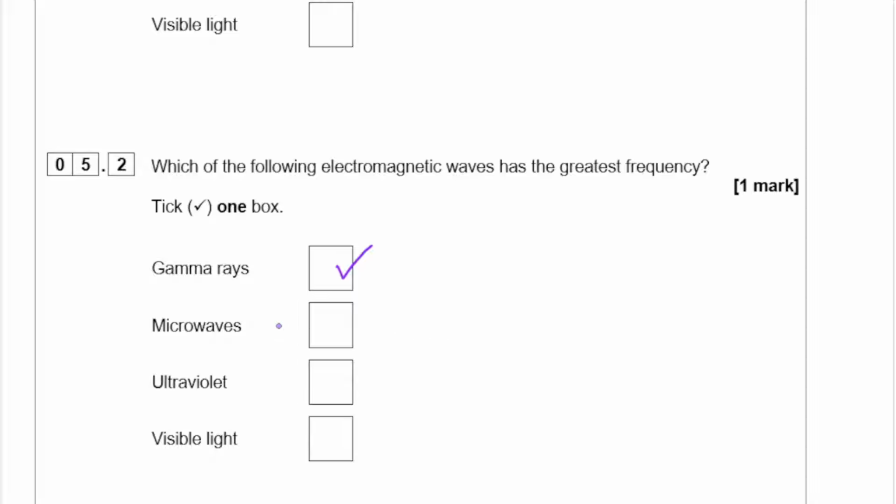Now, for you to be able to answer this, you need to know the electromagnetic spectrum, or the EM spectrum. The order of the electromagnetic spectrum. So remember, if I start with radio waves, then you have infrared. Oops, before I go to infrared, it should be microwaves.